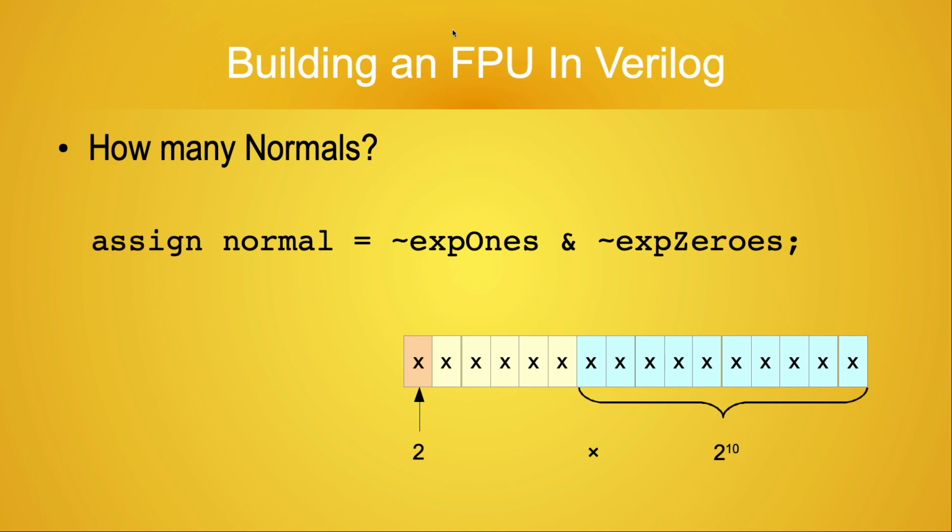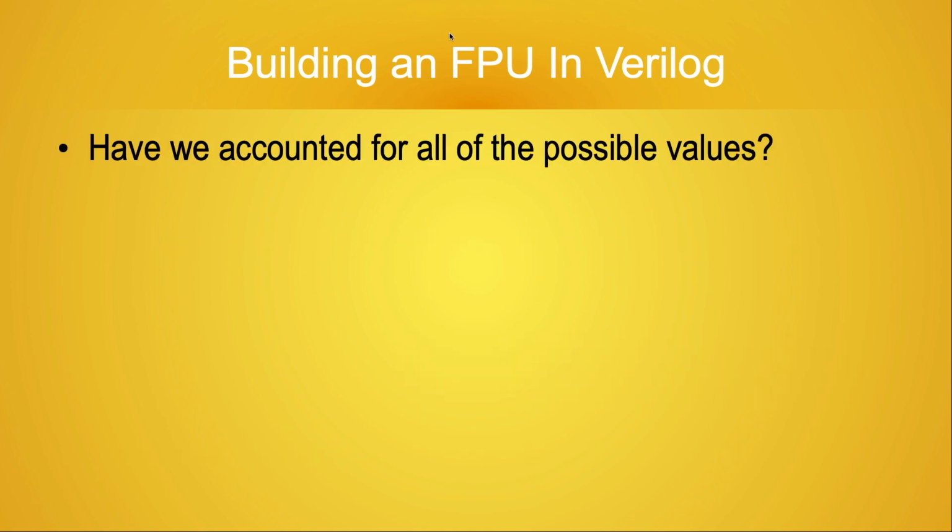When the exponent field is all zeros, or all ones, we don't have a normal number. So, of the 32 possible exponent values, only 30 of them are available for use as exponents for normal numbers. To get the total count of normal numbers which can be written into a 16-bit floating point number, we multiply 2 times 30 times 1024 to get 61,440.